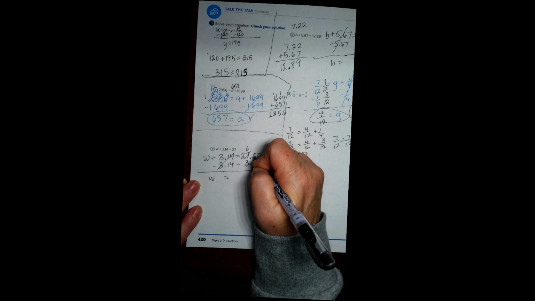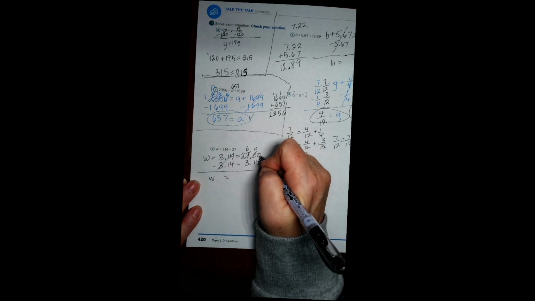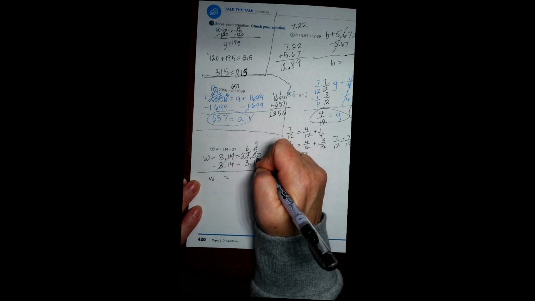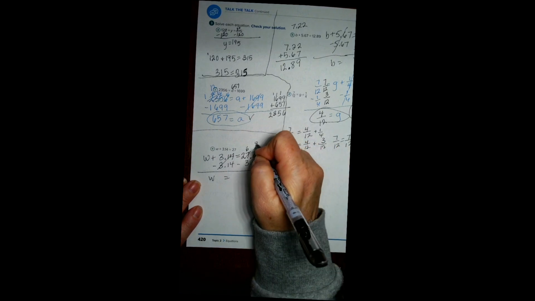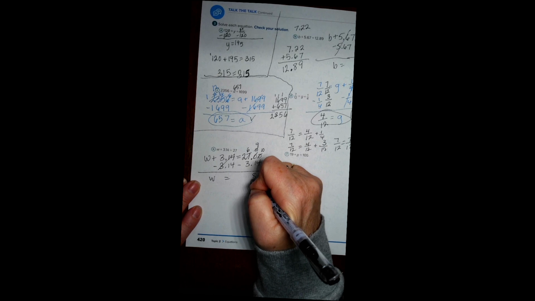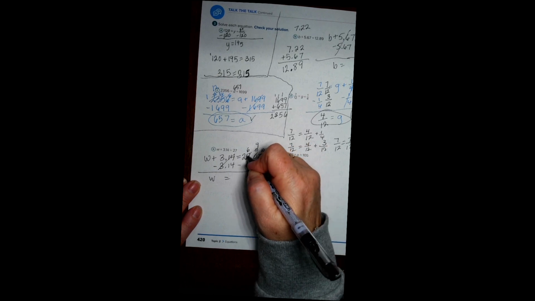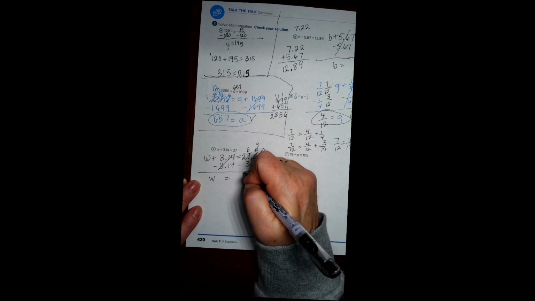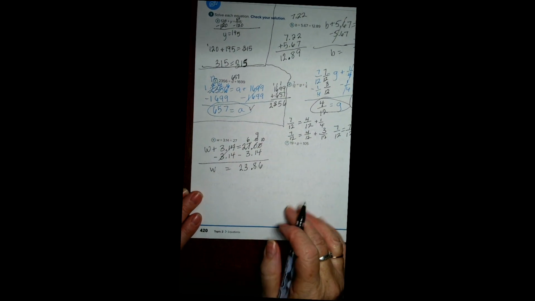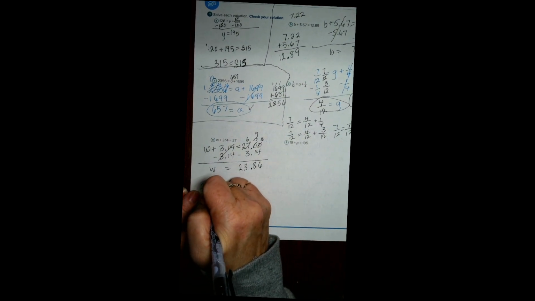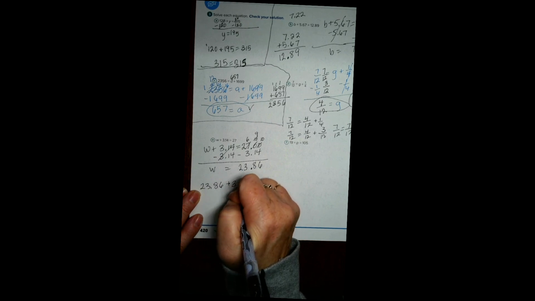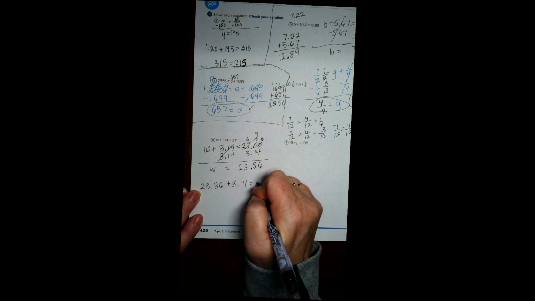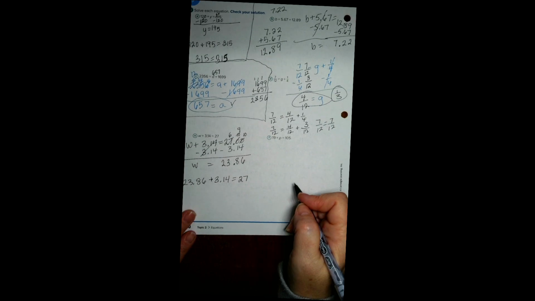That becomes a 6. This is a 10. Now this 0 can come here. That's a 9. And this is a 10. So 10 minus 4 is 6. 9 minus 1 is 8. Decimal point stays in line. 6 minus 3 is 3. 2 minus nothing is 2. So we have 23.86.